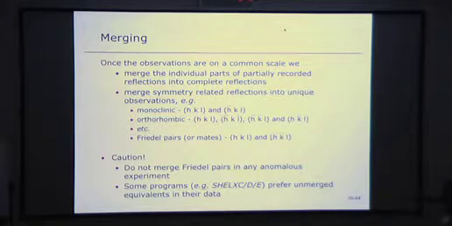For example, for monoclinic, we want to merge together HKL and bar H K bar L, or for orthorhombic, these reflections are related by twofold axes, etc. And if we're not looking for an anomalous signal, also the Friedel pairs or Friedel mates, both terms are used, where we merge together reflections HKL and bar H bar K bar L. But, as I said, if you're doing any anomalous experiment, if you merge Friedel pairs, you may as well not bother.